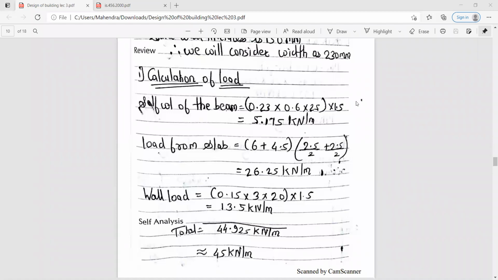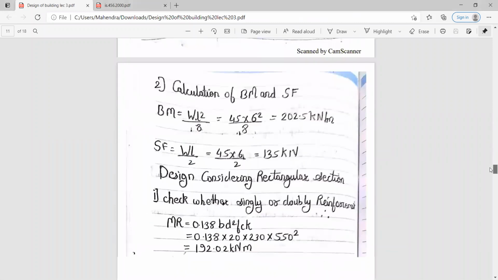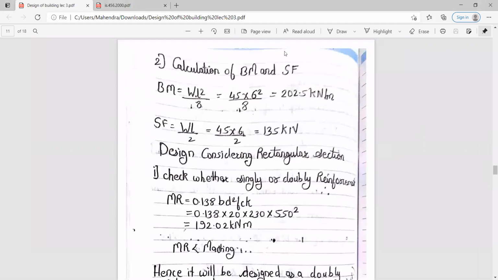Okay. Now you need to calculate the bending moment and shear force. So for calculation of bending moment and shear force, you are having the formula for the bending moment, that is WL square by 8. And for shear force, you are having the formula that is WL by 2. So यहाँ पे आपको W की वैल्यू कितनी मिली है, just now you had calculated the value for the load, that is 45 into L square, that is L कितना है, total length कितना है, 6 for the beam, so 6 square by 8.